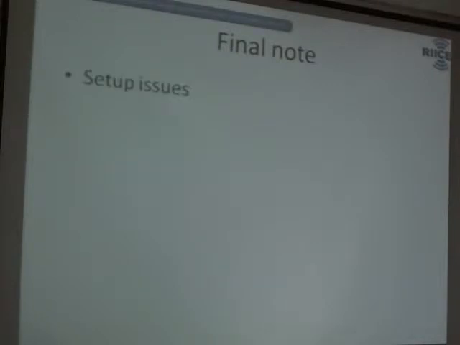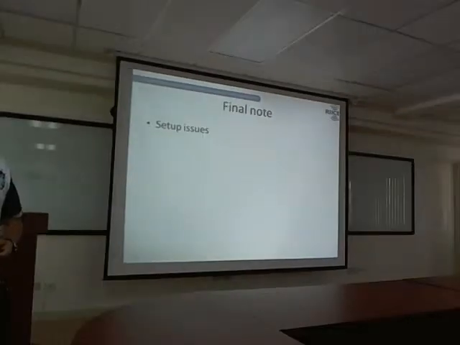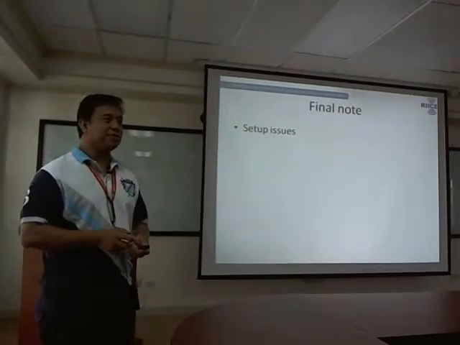So, final notes. One is the setup issue. It took us several months to get this straightened out. Before we jumped into ArcGIS Server, we were using ArcGIS Online because it was free, but we had an issue with images rendering poorly, not to the resolution that we wanted.